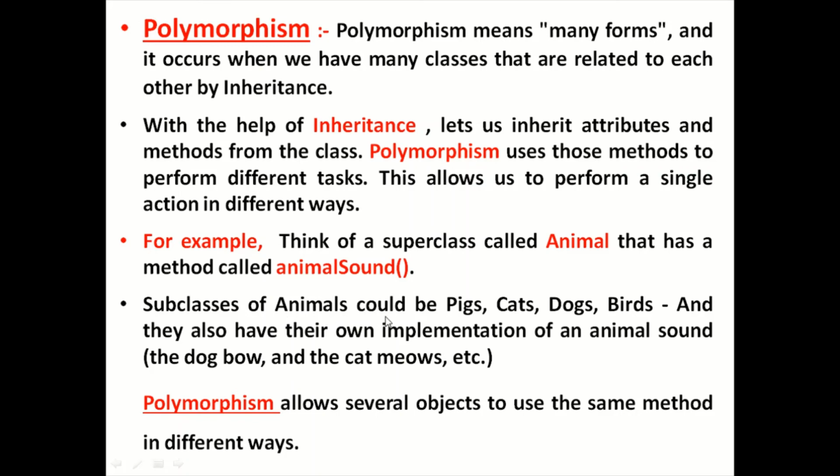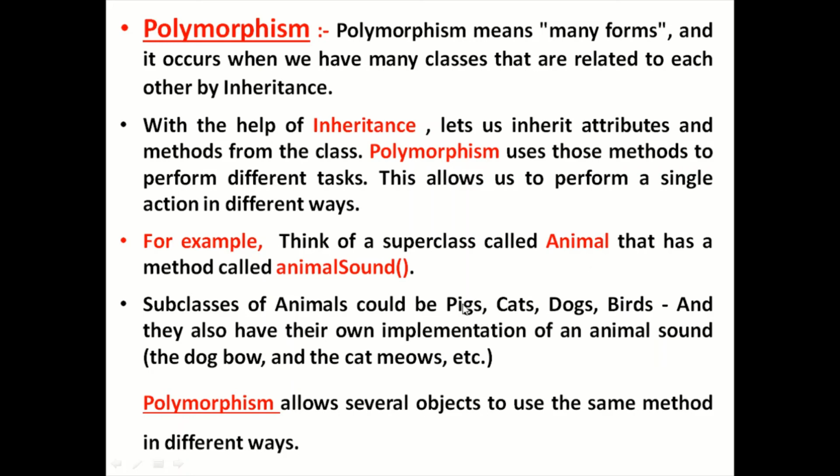What would those subclass names be? Pigs is one subclass, inherited from the superclass animal, the second subclass is cats, which is also inherited from animal, the third subclass is dogs, also inherited from animal, and the last subclass is birds, which is also inherited from the superclass animal, right?